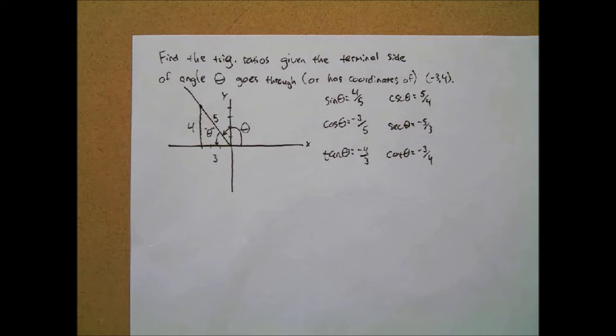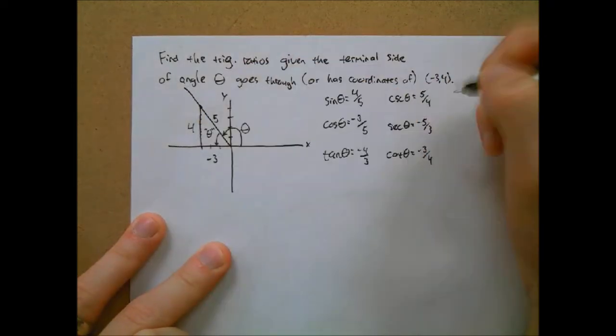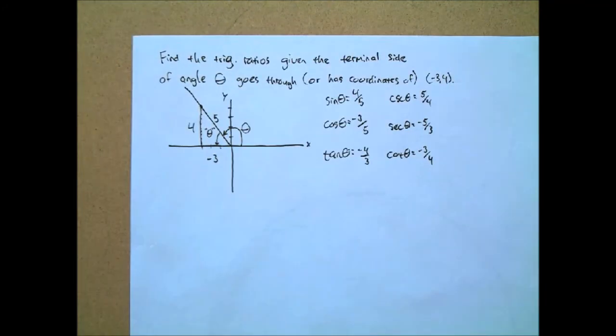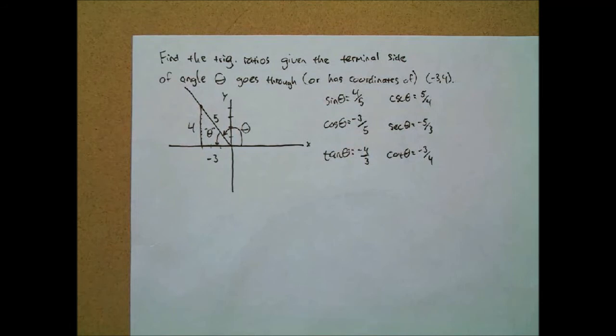So that gives us the quadrant 2 signs. Another alternative is to keep in mind the signs of your coordinates when you're labeling the triangle. You could say that 3 was a negative 3 and this 4 was a positive 4. When you use the Pythagorean theorem to find the hypotenuse, it'll always be positive 5.